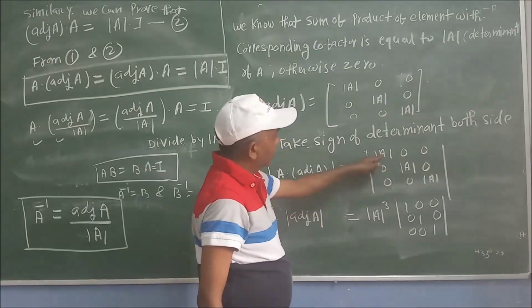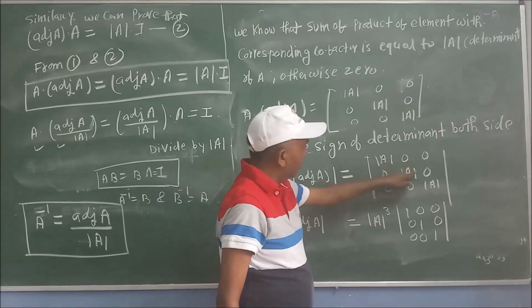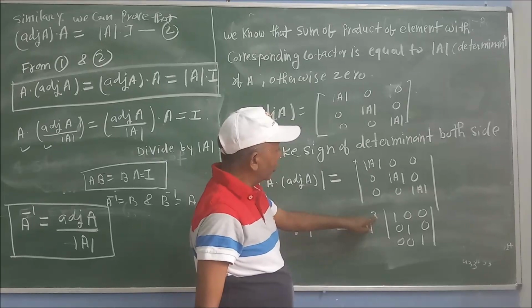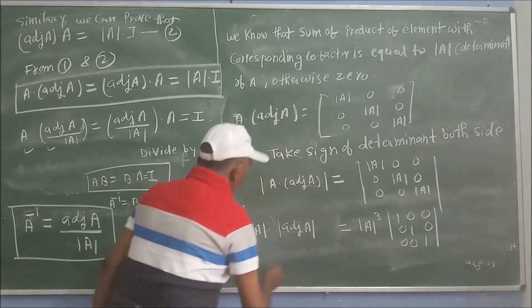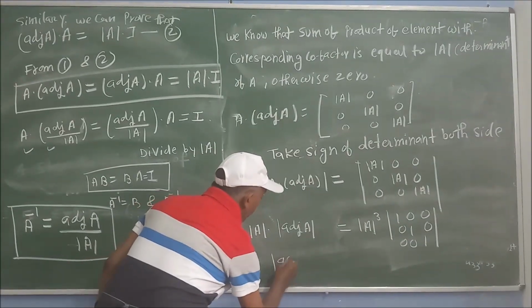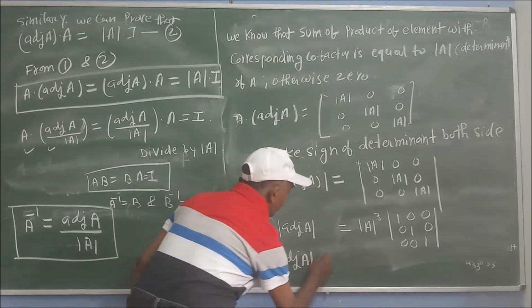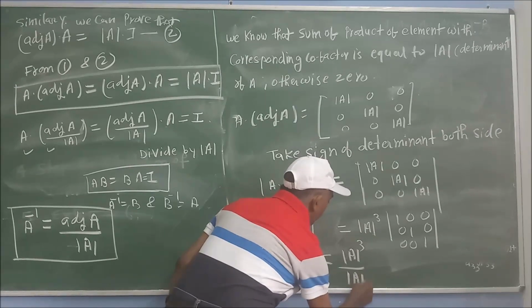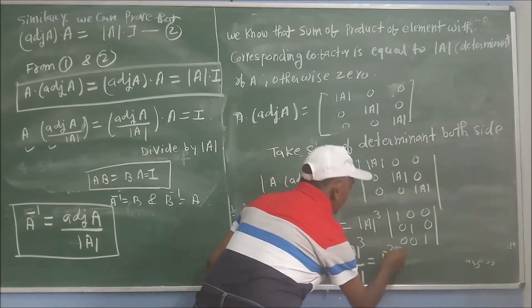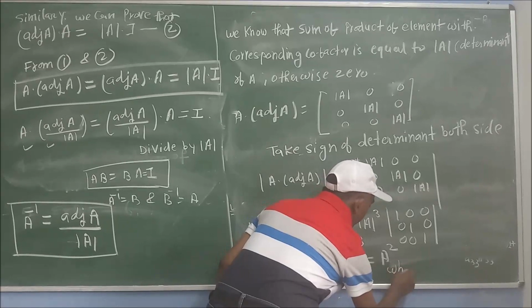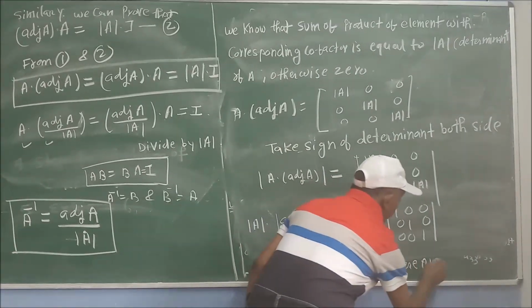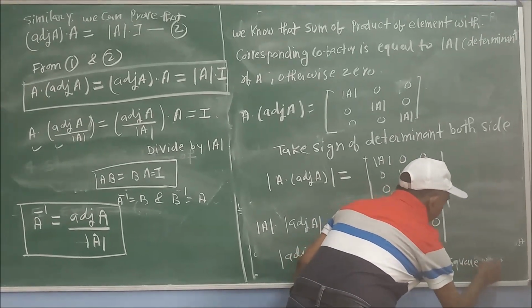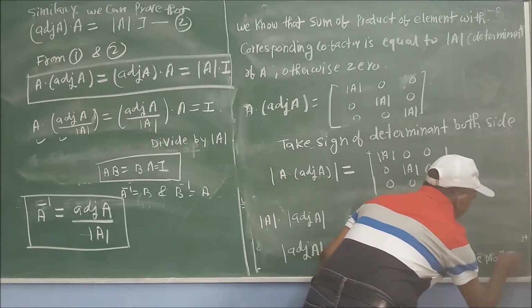If you take determinant of A common from R1, R2, R3, this will be determinant of A cubed into the identity matrix determinant. So this can be written as determinant of adjoint A is equal to determinant of A cubed divided by determinant of A. So this is equal to determinant of A squared, where A is a square matrix of order 3.